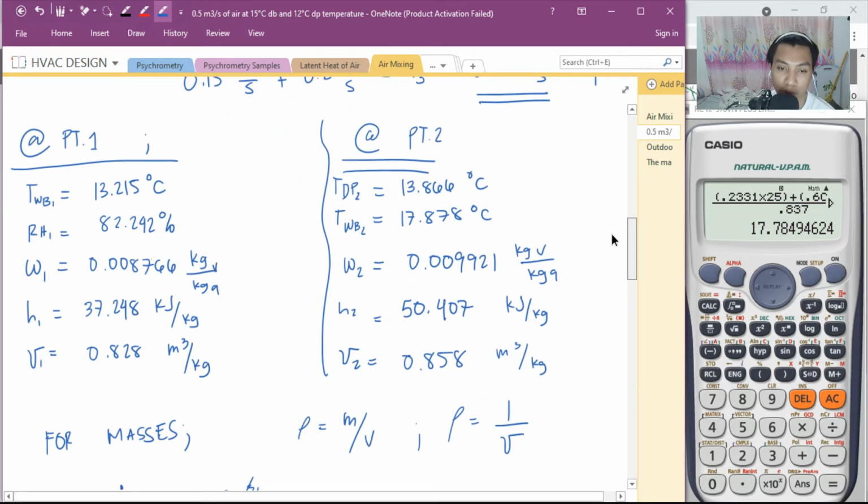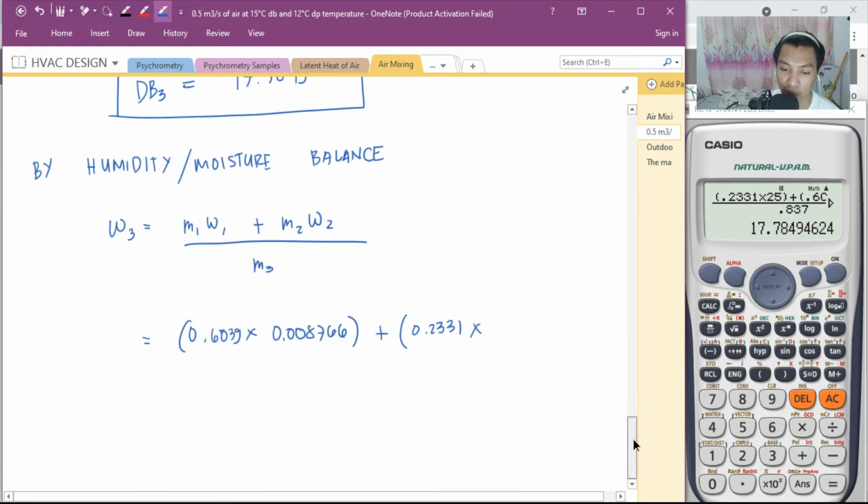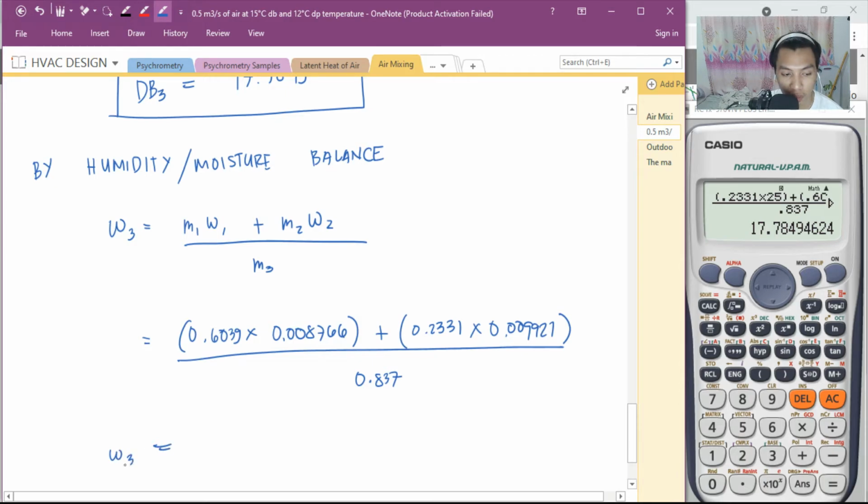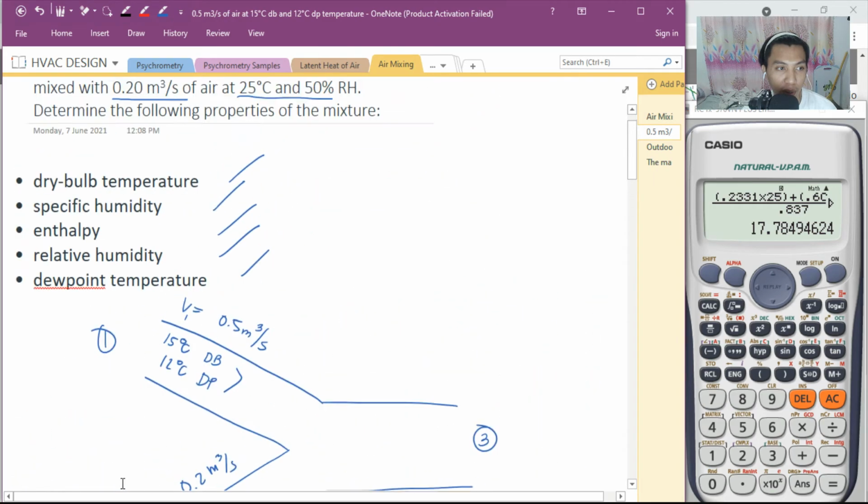So, yung 2, 0.009921. Yan. Divide by the total mass, 0.837. The answer for omega 3, specific humidity ba yun o enthalpy?